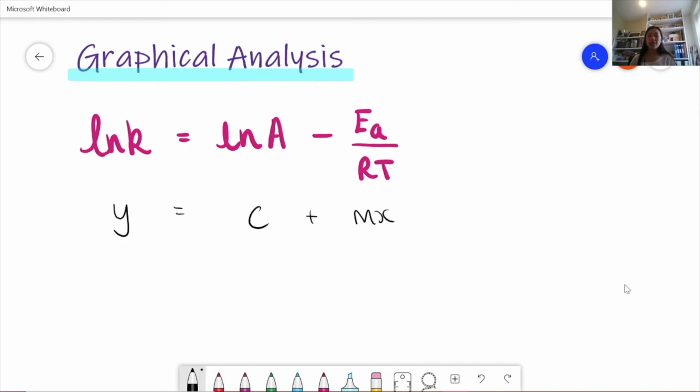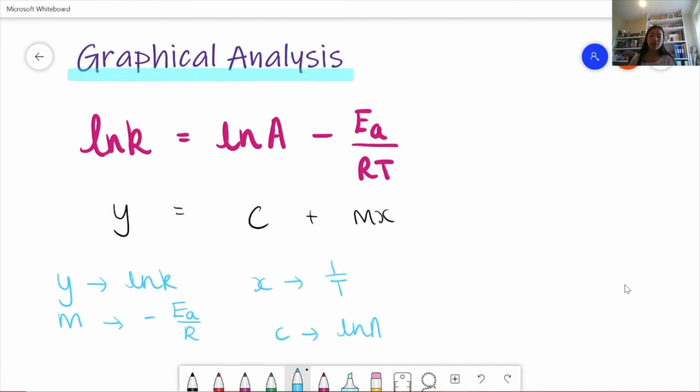And so this gives us that the y would be equivalent to ln K, m would be equivalent to minus Ea over R, the x would be equivalent to 1 over T, and c would be equivalent to ln A. And so the graph we get would be like this.